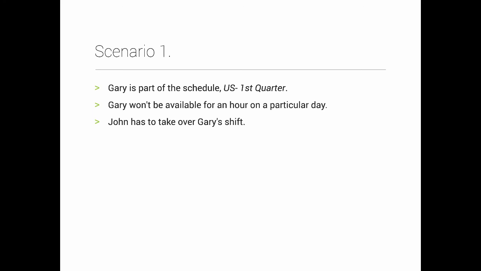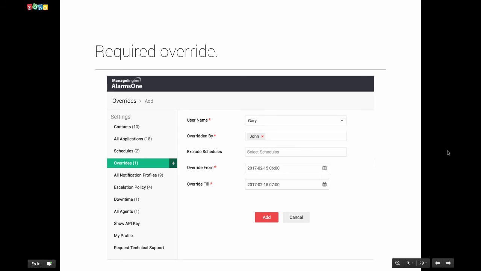I have a scenario where Gary is part of a schedule called US first quarter, and due to some reasons, Gary won't be available for an hour on a particular day, and John has to take over Gary's shift for an hour. To configure an override, you have to go to menu and settings and go to overrides, and you can click the add override button.